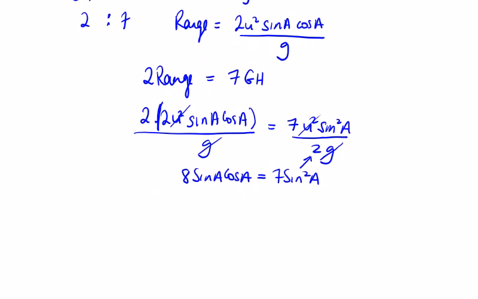Sine a cos a is equal to 7 sine squared a. You can see the same thing happens in a lot of these questions when they're ratio. So if I divide by sine, I'll do it a long way. Divide by sine. I'm going to get 8 cos a is equal to 7 sine a. So sine over cos, so I need to divide both sides by cos.